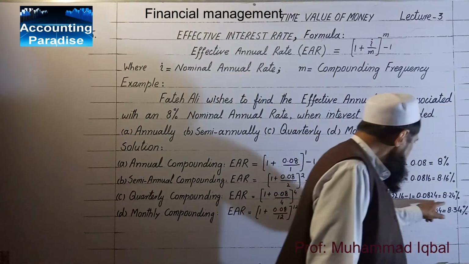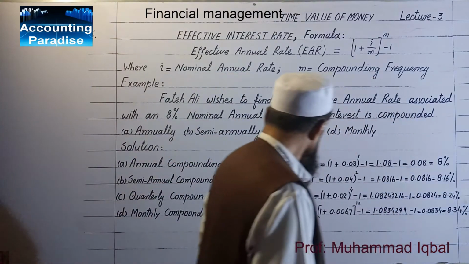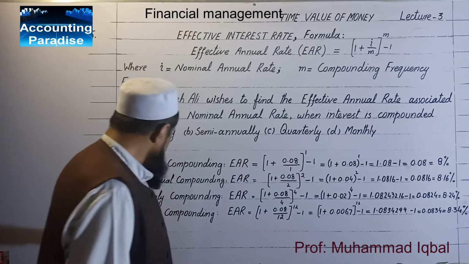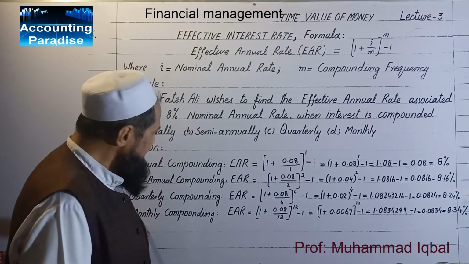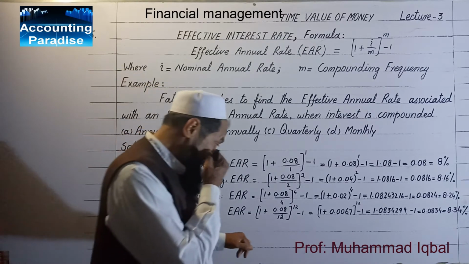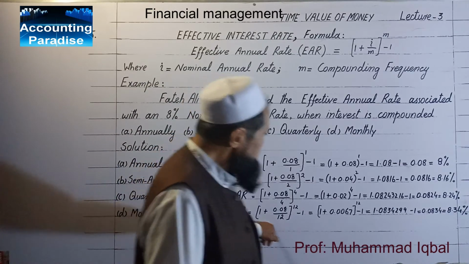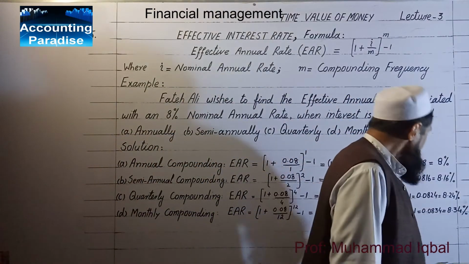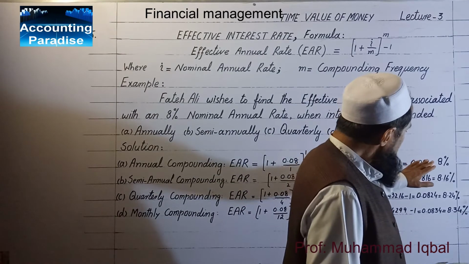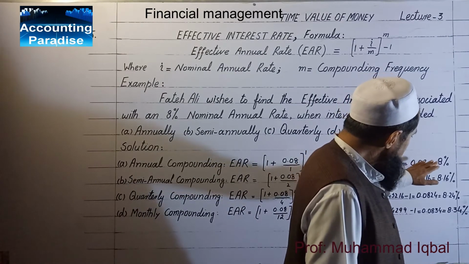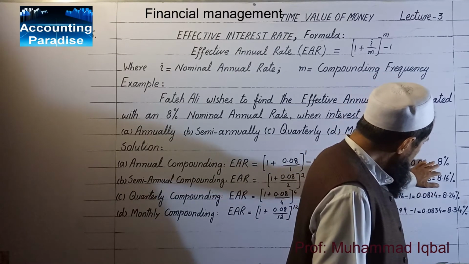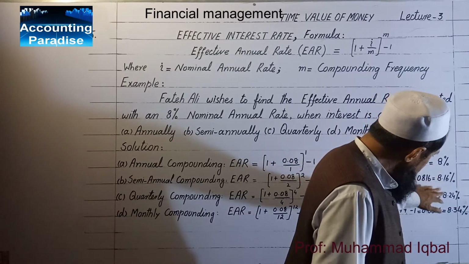It comes to 8.24%. And when we compounded monthly, 12 times in a year, it comes to 8.34%. When the compounding frequency increases, the annual rate also increases.